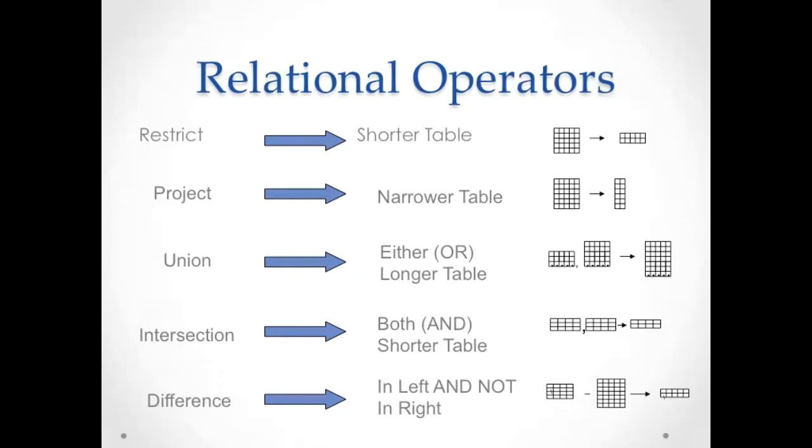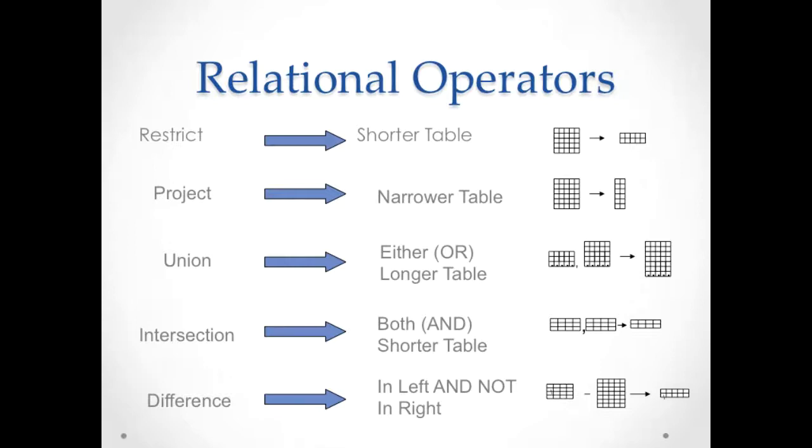For an intersection, where I'm doing an and, I get a shorter table, or one of equal length if they both have the exact same records in them. Because remember, an intersection is you want the records that were in one and also in the other. And then for a difference, you want the ones that are in the left-hand table and not in the right-hand table of that equation.